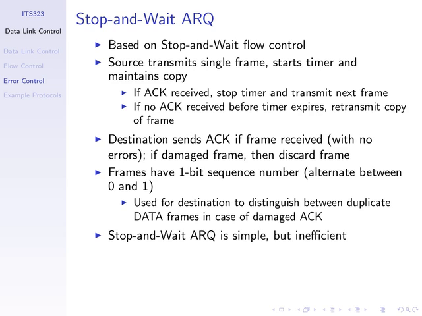It doesn't respond, it treats it as if it never received that frame. So a damaged frame, a frame with errors, is ignored or discarded by the receiver. A lost frame is not received by the receiver, so therefore there'll be no ACK.